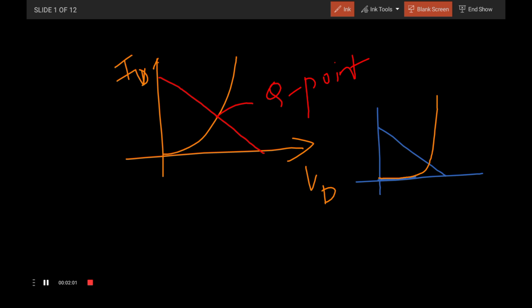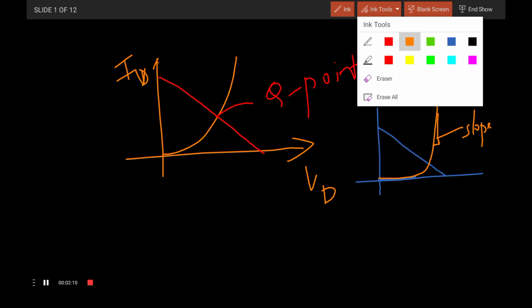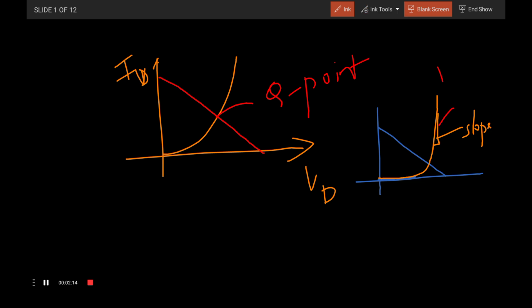This is generally called a piecewise linear model. The small change is generally called the slope of this line. The slope represents a resistive behavior.